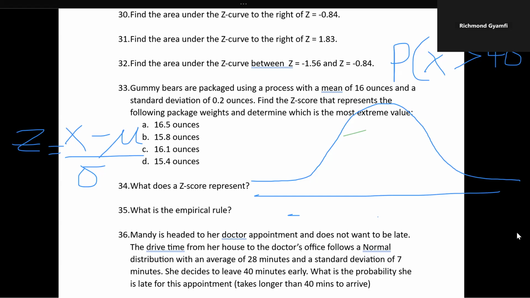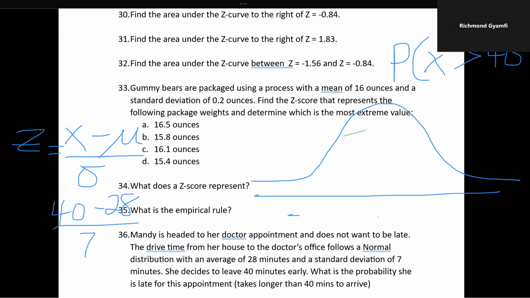So to change our x to a z, we have x minus mu divided by the standard deviation. So x is 40 minus 28, which is our mean, divided by 7, which is our standard deviation.